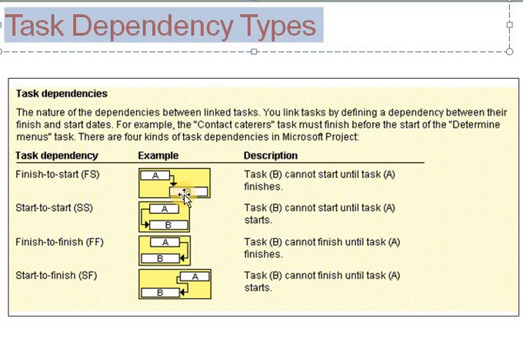So you all can see there are 2 activities in the diagram. This one is A and this one is B. So finish to start dependency means that task B cannot start until the completion of task A. So as you can see in the description, task B cannot start until task A finishes.